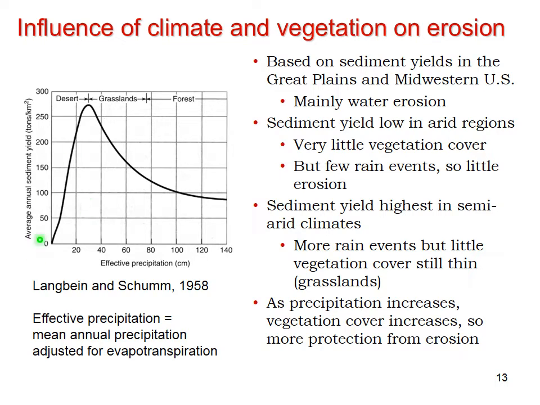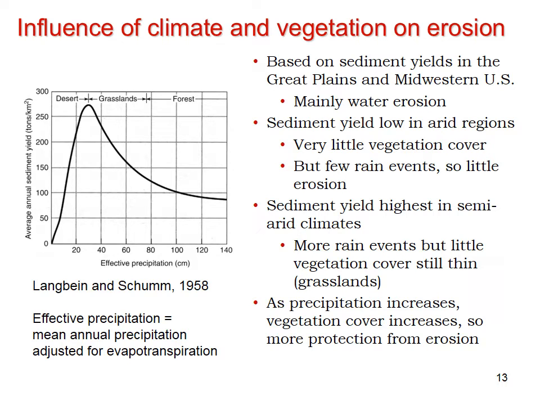And the vertical axis of the graph is annual sediment yield from low values down here at the bottom up to high values up at the top. And we're going to have to consider watersheds of different sizes, so this is all normalized for drainage area. It's not sediment yield for the whole watershed, it's sediment yield per square kilometer area in that watershed.